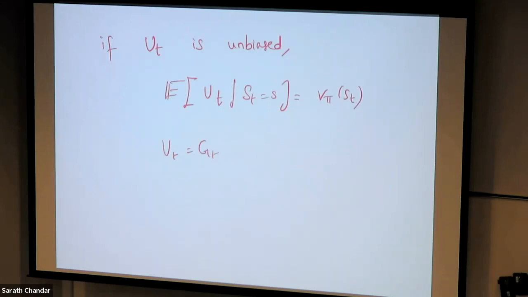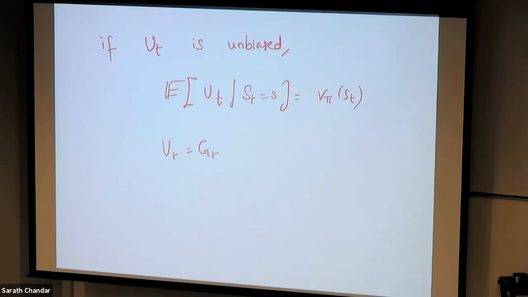However, that is not true for TD, so TD is not an unbiased estimator. For an unbiased estimator like Monte Carlo, we are guaranteed to converge to the local optimum. In this case, it is a linear model, so we will converge to a global optimum.